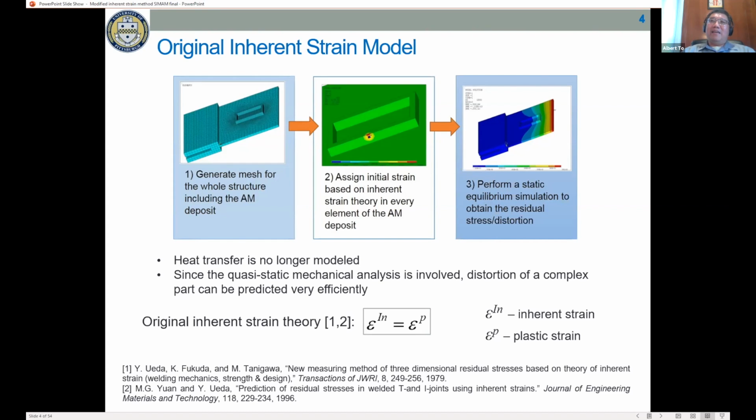And what that does is represent the inherent strain by the plastic strain introduced by the welding process. And so that can be done numerically, if you know how much plastic strain is being introduced by the welding process, or experimentally, you can do experiments and then back calculate what the plastic strain is that was introduced by the welding process.